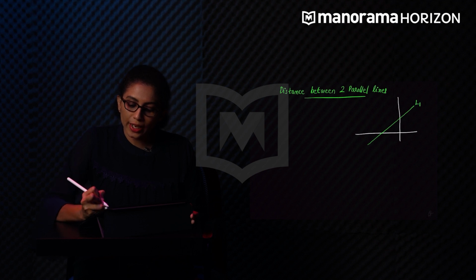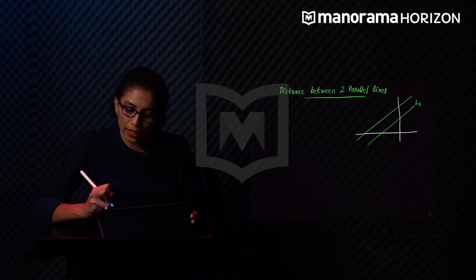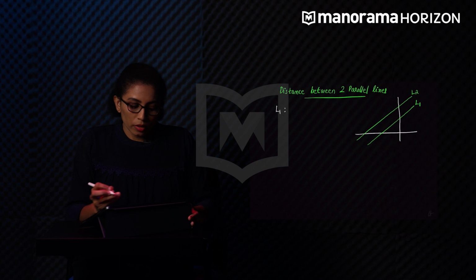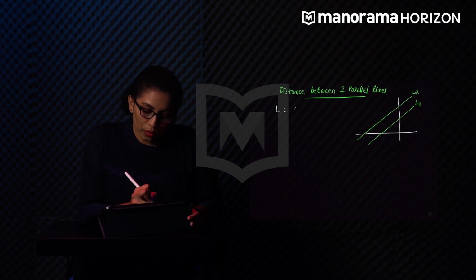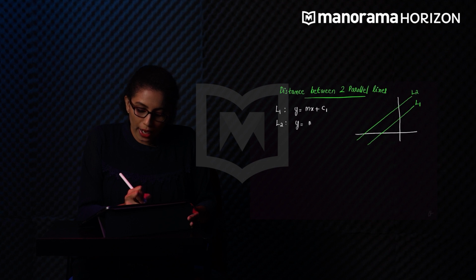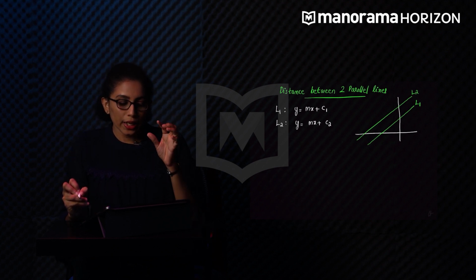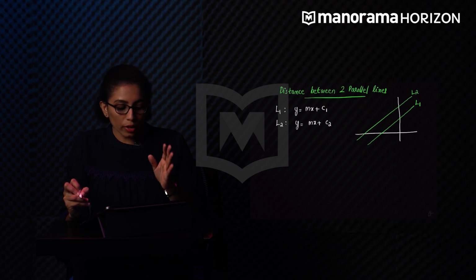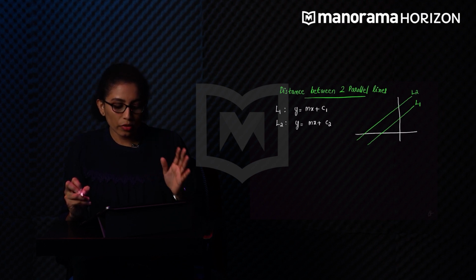Let this be line L1 and another parallel line L2. Now let L1 be y equal to mx plus c1 and L2 be y equal to mx plus c2. As you can see, the slopes are equal, only the difference is in the intercept, right?